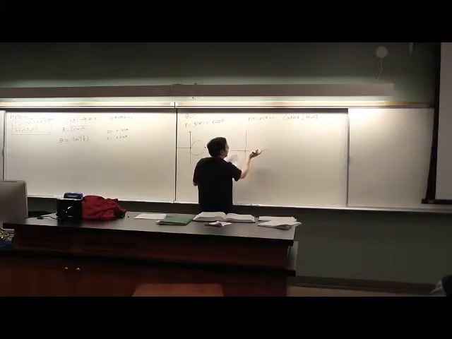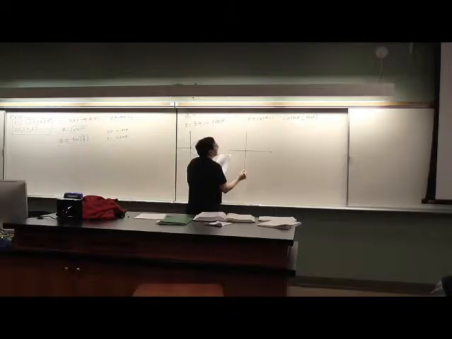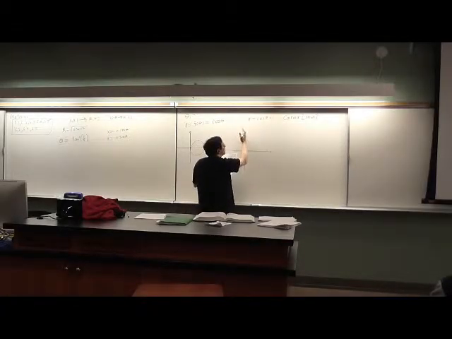At 0, it's just going to be 2. And at pi over 2, it's going to be 1. So at pi over 2, the radius is going to be 1.